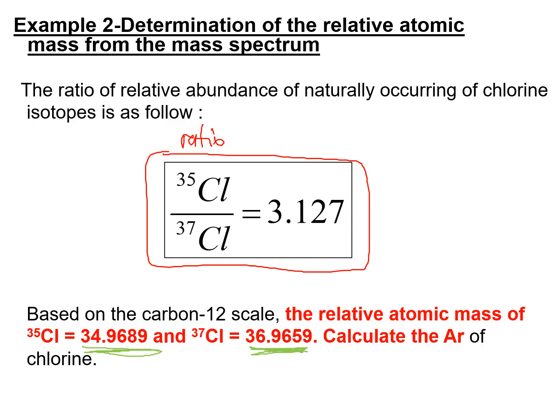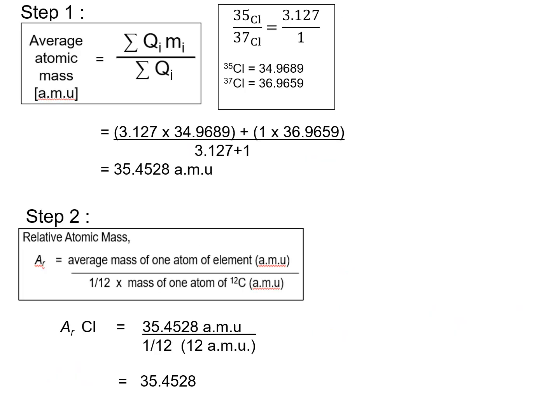Okay, so now disuruh kamu calculate the AR of chlorine. Kat sini dia bagi tahu relative atomic mass orang satu. Sekarang ni dia nak cari relative atomic mass of chlorine sahaja. Kat sini ada dua jenis chlorine, dia nak satu saja. So how? So let's look next.